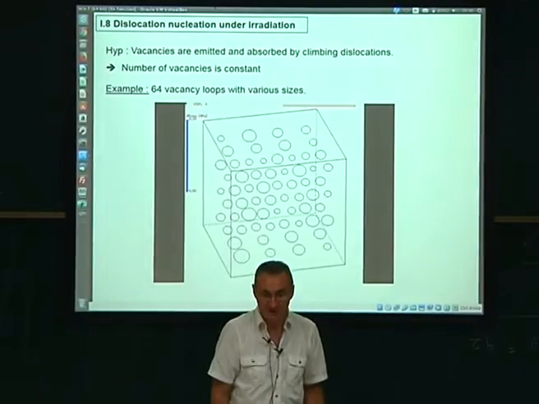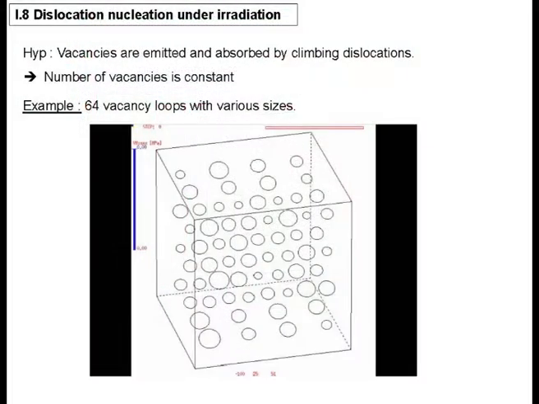Okay? And typically this is what we did with the DD simulation here. Here we put random loops, 64 loops with different sizes, small and big ones. We put the law I showed you before, this climb law, where the dislocation can move out of plane with a velocity depending on the concentration. And this is what you find.